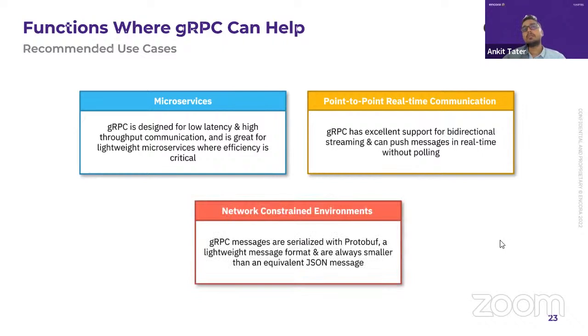Next, we have network-constrained environments, right? gRPC messages are serialized into protobuf, which is very compressed, and it also has HTTP/2, which has a better mechanism compared to HTTP/1 in terms of compressing the data.